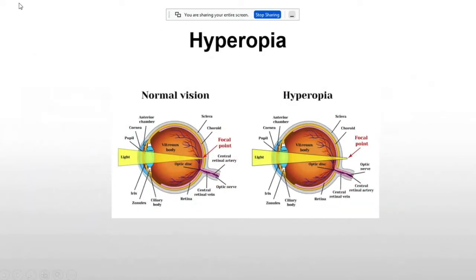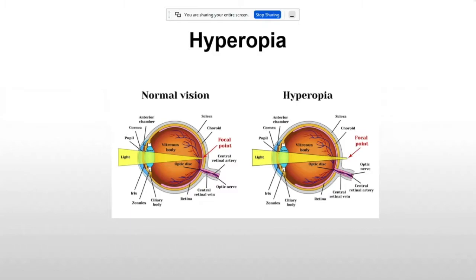We said in the normal, ametropic eye, the focus falls on the retina and a person can see normally at a distance, but in order to accommodate at reading distance, here at 33 centimeters, we have 3 diopters of accommodation.